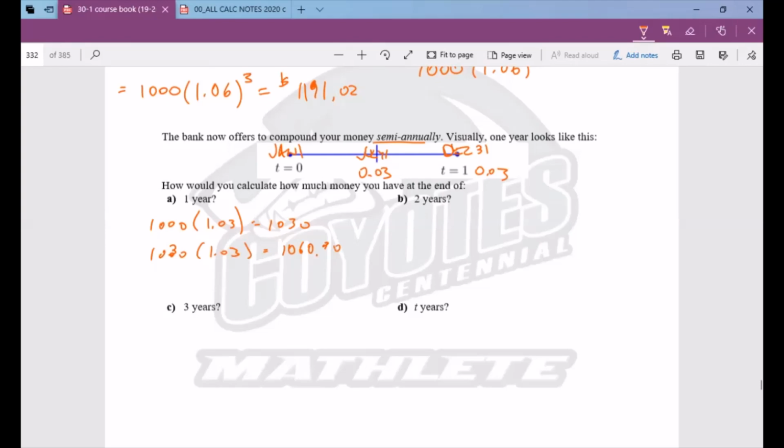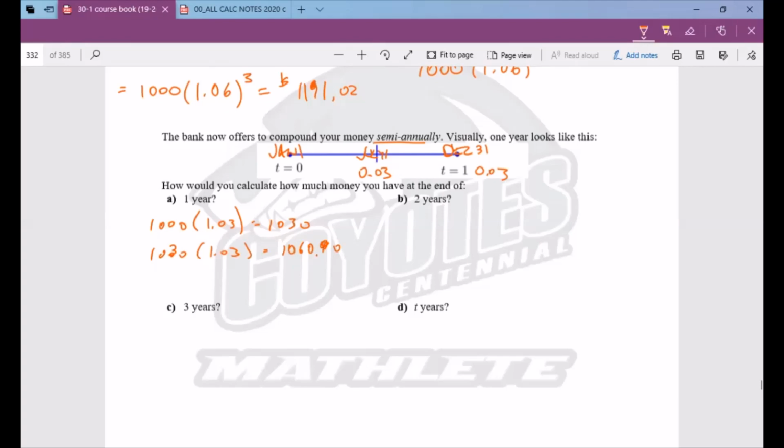So notice that it went up by $30 in the first 6 months, but in the second 6 months, it grew slightly more because you're getting interest on interest. This also ends up being slightly more than if you were just compounding at the end of the year. In the first part of this question, it was 1,060 exactly at the end of the year. Now you've earned a tiny bit more.